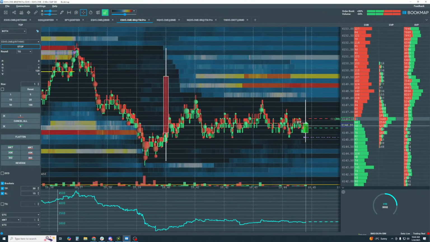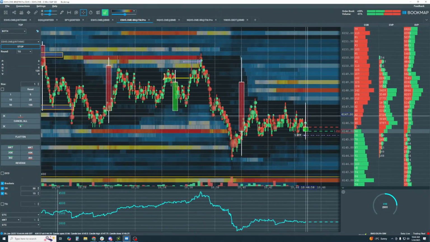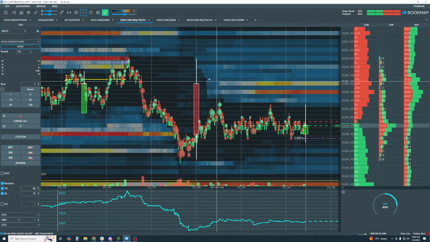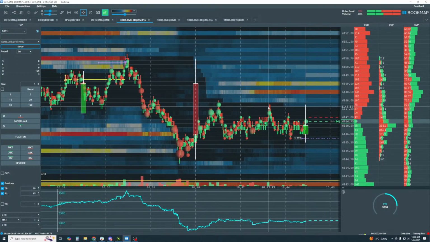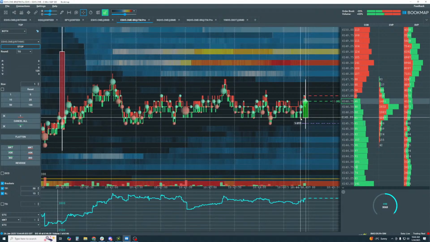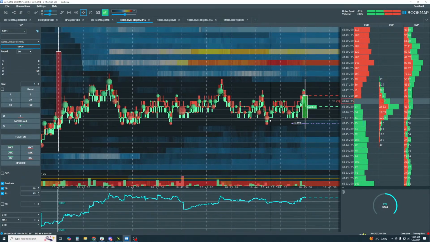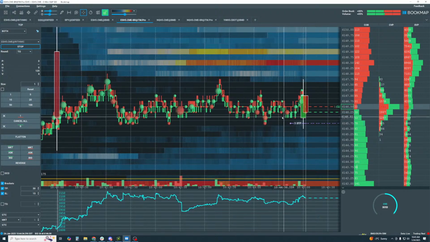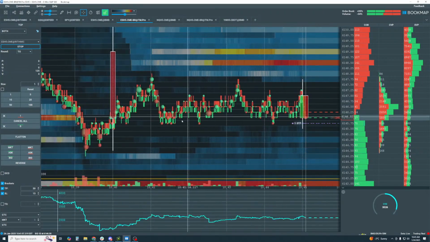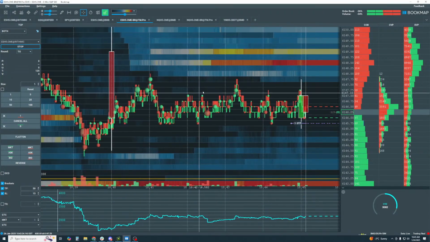Now I might get caught up in it here, right? But this is the idea here. This is the momentum. These are the pullbacks. I'm looking for sellers in here to now trade through and into this area here, okay, and go with the momentum back down into these lower levels here.